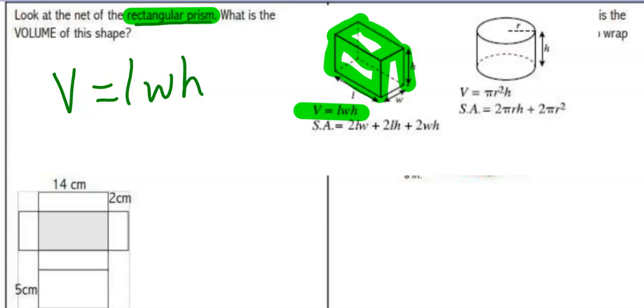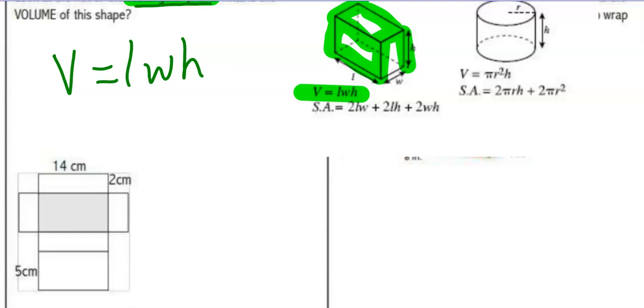Okay. So we're not finding surface area with this net. This time we're going to find volume. For finding volume, we simply take the length, the width, and the height, and we multiply them together. Since this is unfolded into a net, we can see that there are 3 numbers. So we're just going to grab the 3.